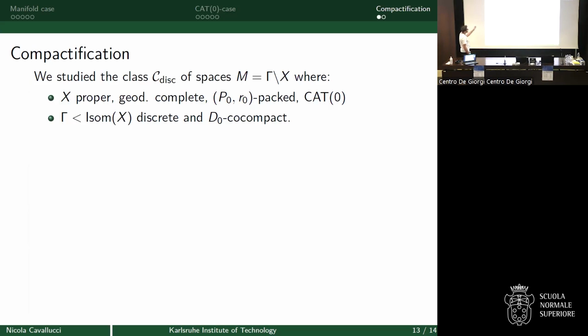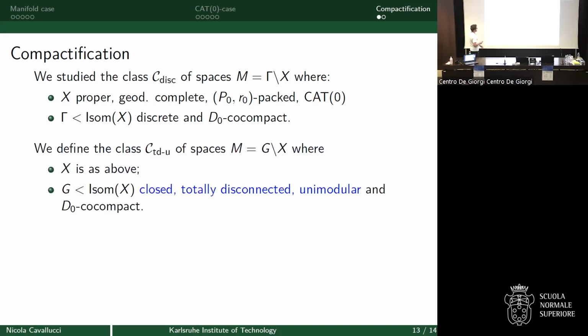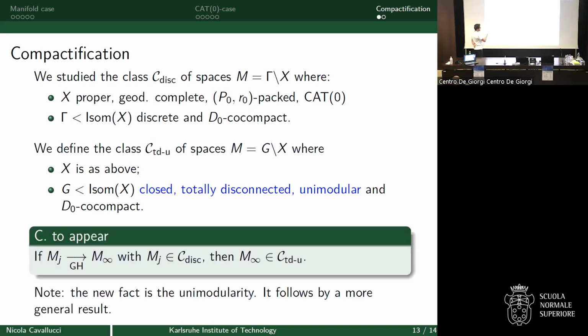What we did, we studied the class of quotients of proper geodesically complete packed CAT(0) spaces by discrete, cocompact groups, right? We define this class, the class of totally disconnected, and here I had an assumption, unimodular groups acting on the same spaces.